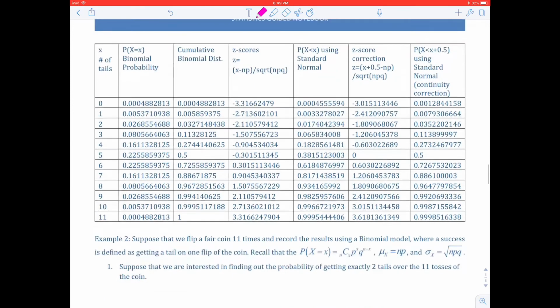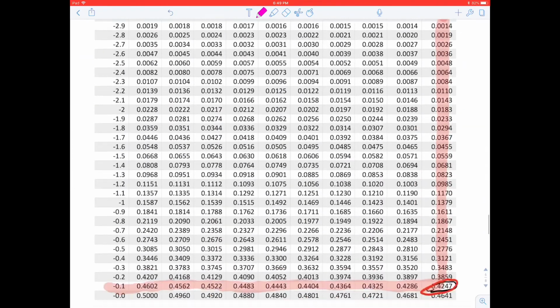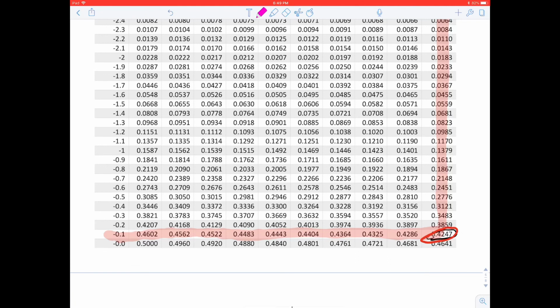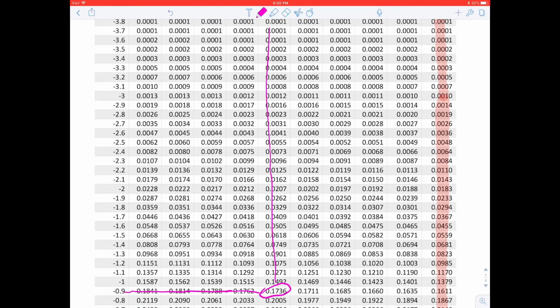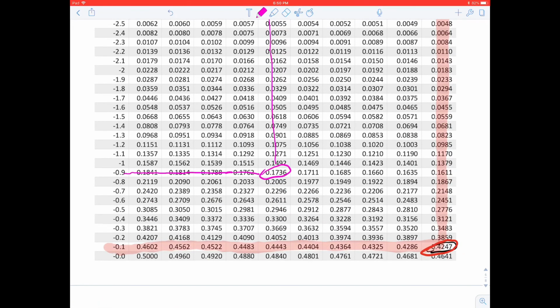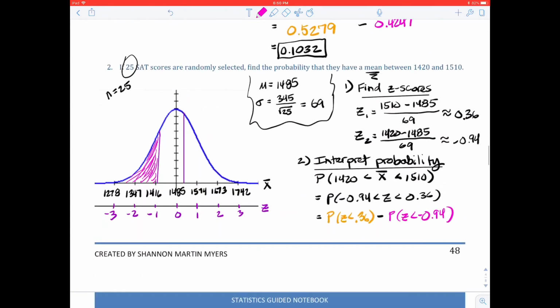And if we go back to our z table, and what was it? Negative 0.94. So negative 0.9 is here, and that would be negative 0.90. So 0, 1, 2, 3, 4. 0.1736. Good. All right. So what did we say that was? 0.1736.